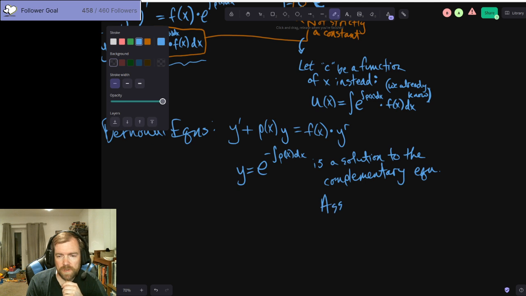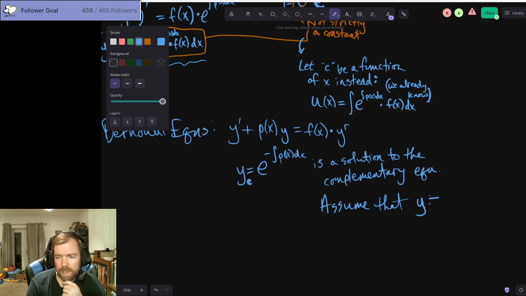Oftentimes we'll call that y1 or y sub c or something like that. Say, okay, well this is a complementary solution, or homogeneous solution is what we usually call it.